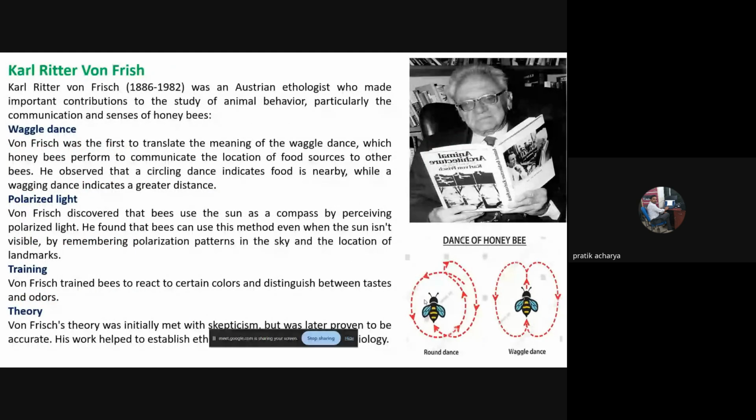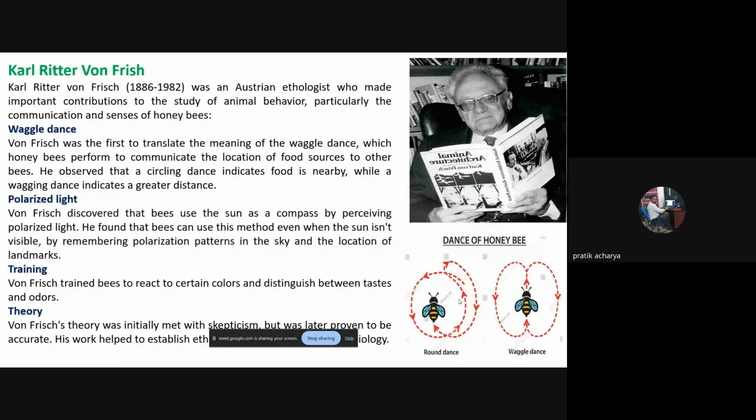The next scientist, who is famous, is known as Carl von Frisch. He also made a great contribution towards animal behavior, and he first observed the dancing pattern of honeybees. There is a picture at the right corner showing how honeybees dance when food is available.